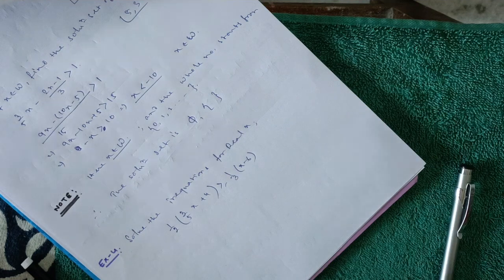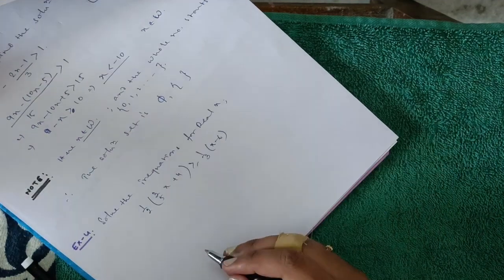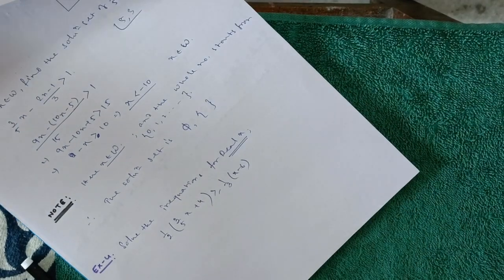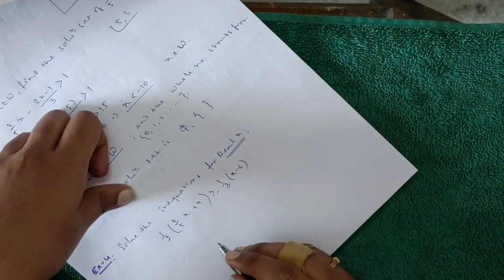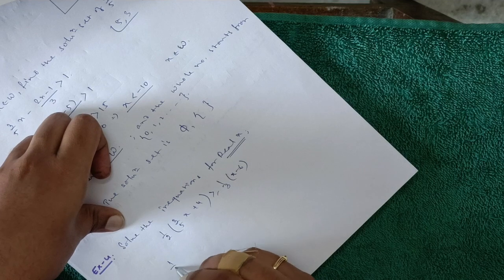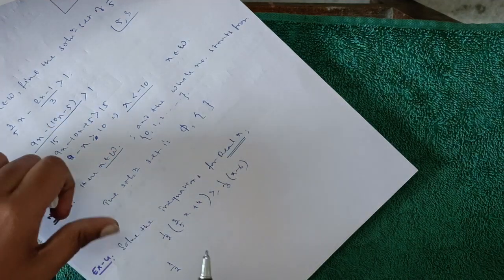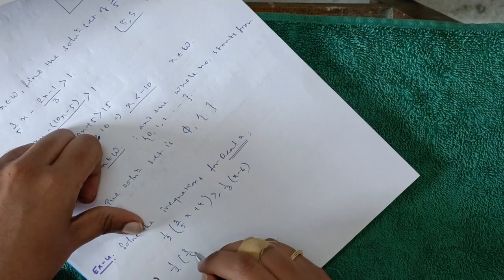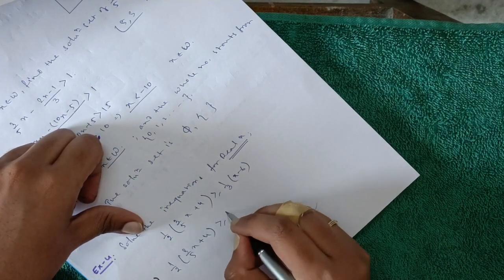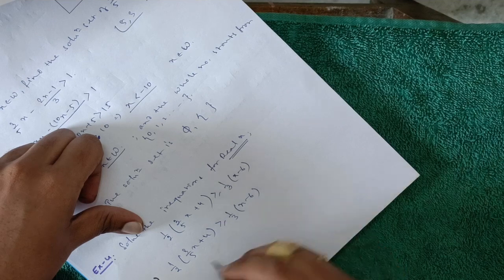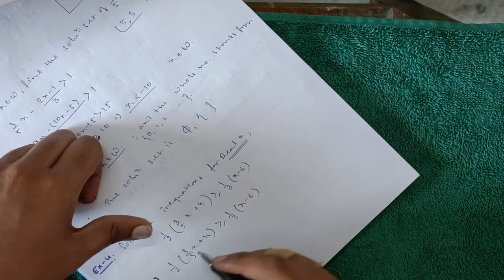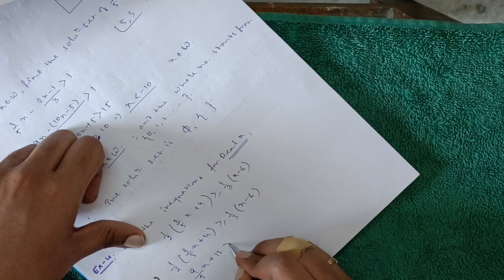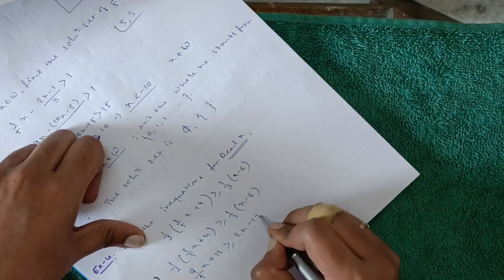Now let's move on to the fourth one. Fourth one, for real numbers. It belongs to the real numbers. Okay, so the same thing, minus half, 3 by 5x plus 4, 1 by 3x minus 6. 3 times 3 is 9, by 5x plus 12, 2x minus 12.